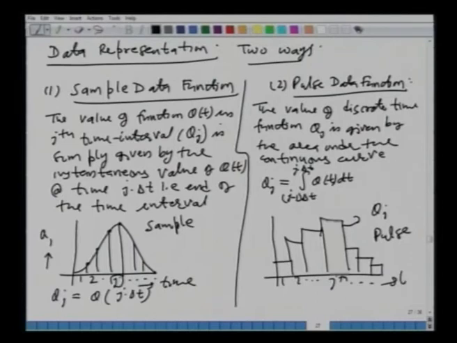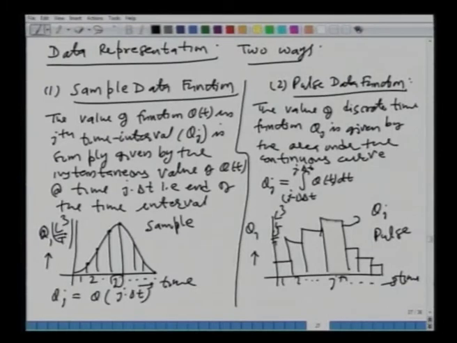The x axis is time and y axis is qj. So, you see that in this first one, that is the sample data function, this q is normally in L cubed by t units. Okay. And in the second case, this could be in either L cubed unit or L unit or L cubed by t unit, depends upon how we are defining our particular variable.